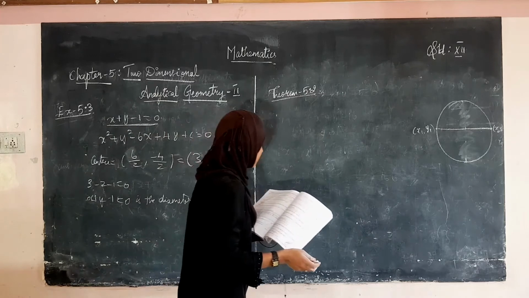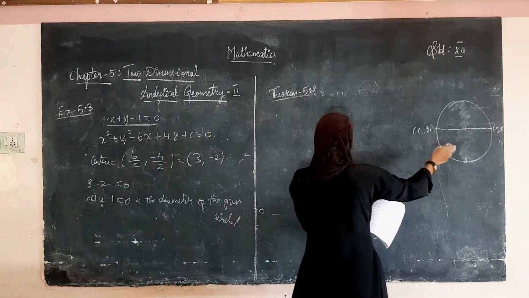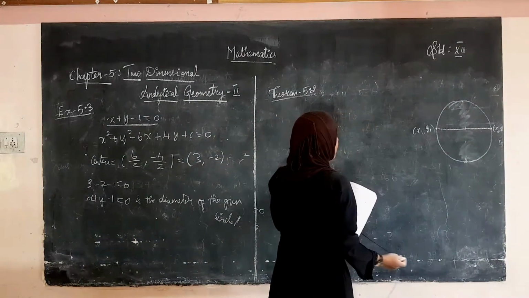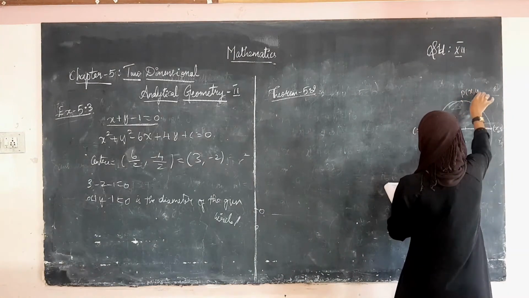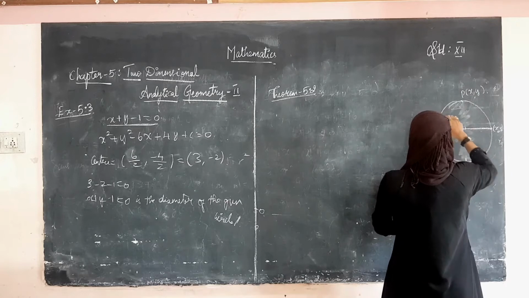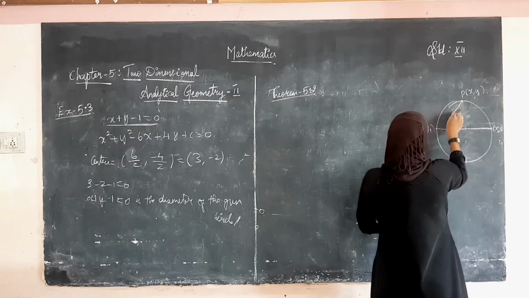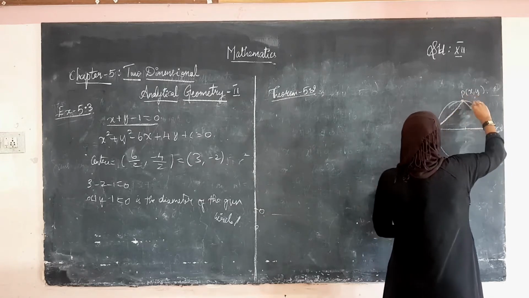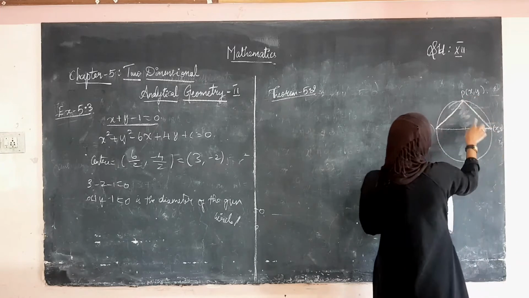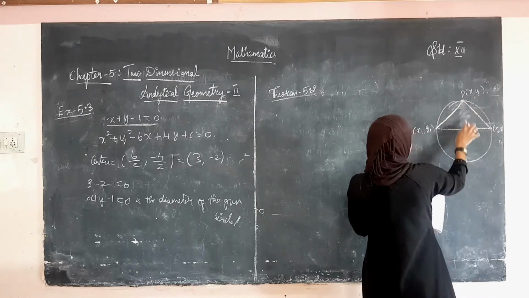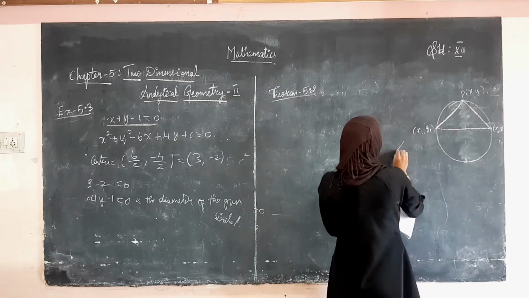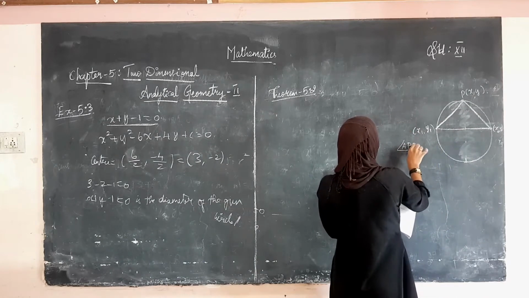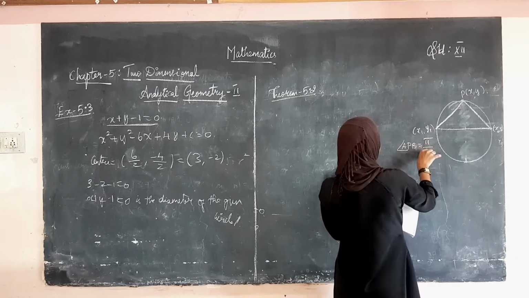So see here, this is A and this is B. Let P be a point here, P of (x, y), such that it makes a right angle triangle with this. That is, P is a point taken from the middle, such that angle APB is equal to pi divided by 2. That is 90 degrees. That's it.